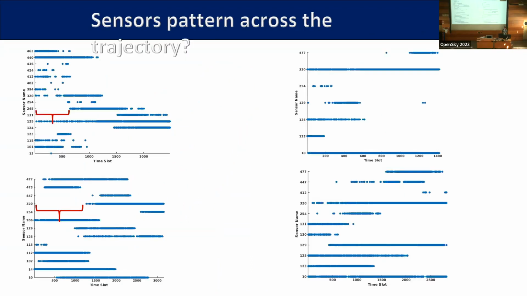From the experiment, we have this example of different trajectories over time, to see how the sensors appear in their trajectory. As an example, sensor 248 did not appear in the trajectory and then started receiving, which means the aircraft started to be in the area of that sensor. This is an indication that we have to consider improving the accuracy of the prediction and adding another parameter to predict the location inside the intersection area.